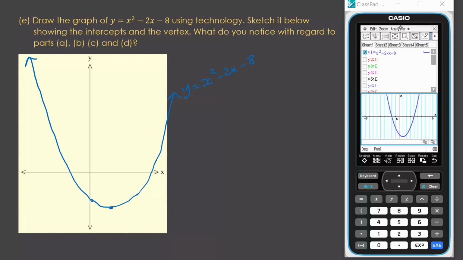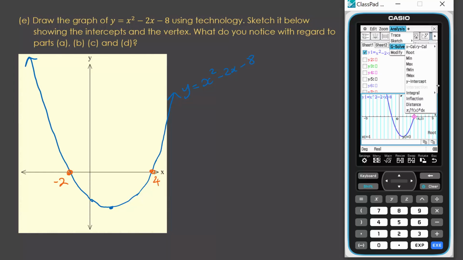Now if I go to the graph window, analysis, G-solve, and I go for root, it gives me one at negative 2. We already discussed that above, but that's going to be at negative 2. And if I press this right arrow there, it gives me the other one is 4.